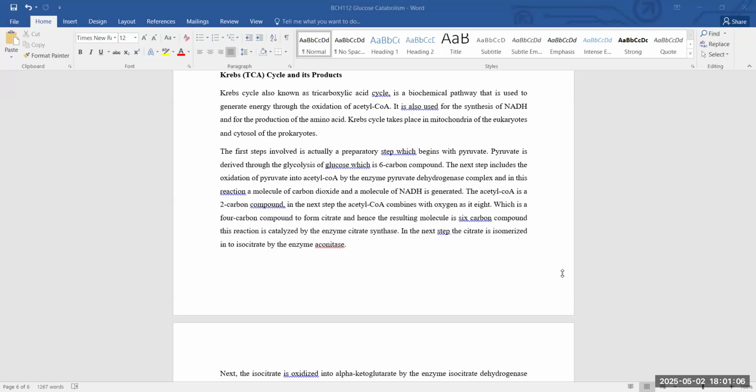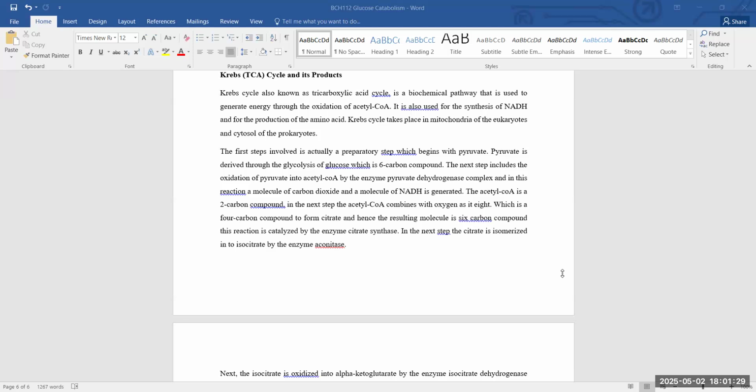So the reason why we say formation of pyruvate is not the end of glucose catabolism. Remember, I said glucose catabolism. I did not say it's not the end product of the glycolytic pathway. No. I only said it's not the end of glucose catabolism in energy generation.